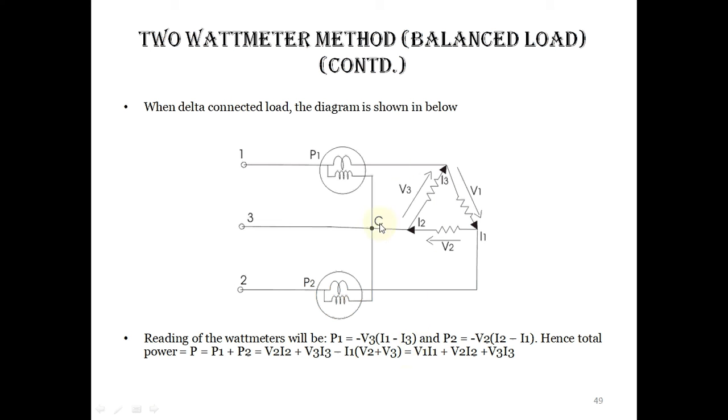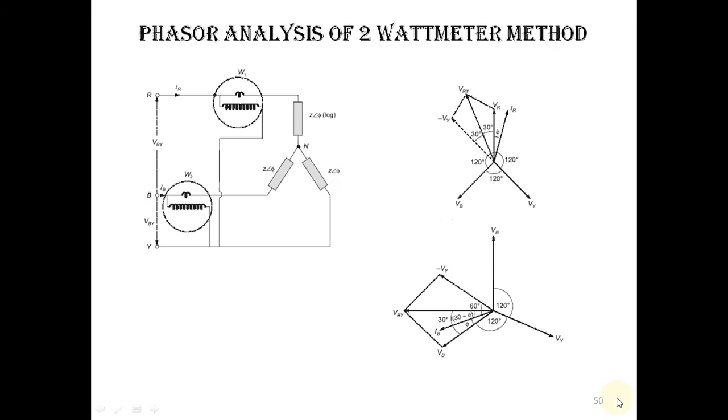You can assume a specified direction of currents, and from each node apply KCL, and accordingly you will get the result for P1 and P2 and the corresponding phase currents. So the total power will be what? P1 plus P2, that means V2 I2 plus V3 I3. After all, you will get overall the same result, V1 I1 plus V2 I2 plus V3 I3. Okay, check it and tell me whatever you got.